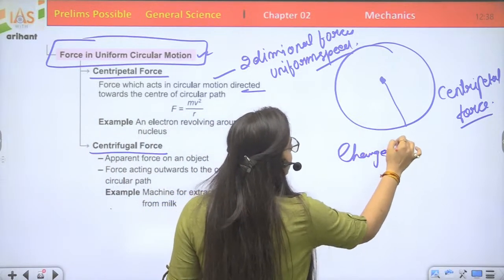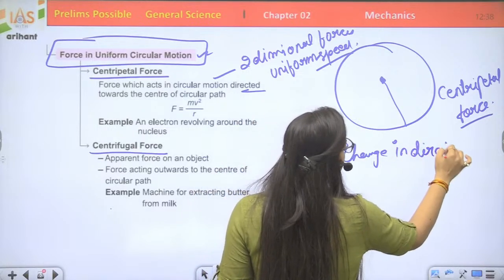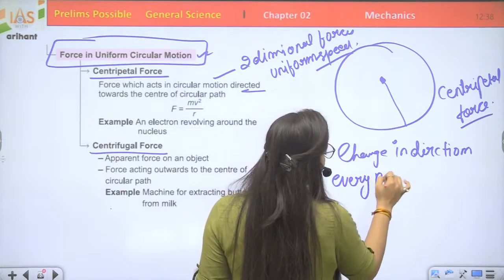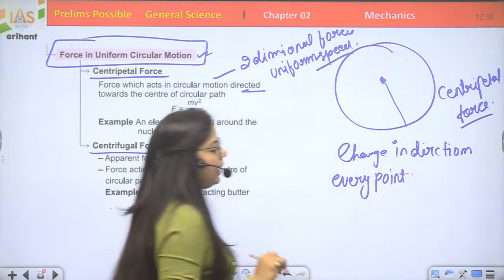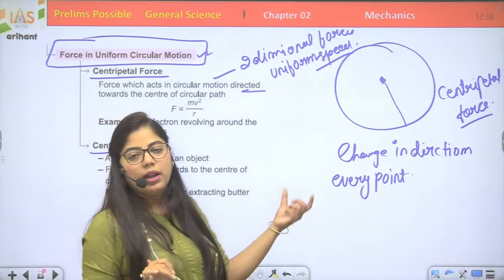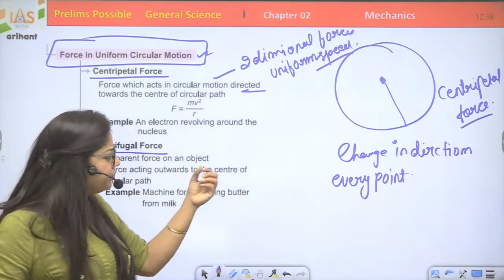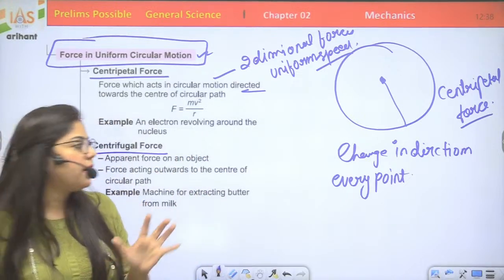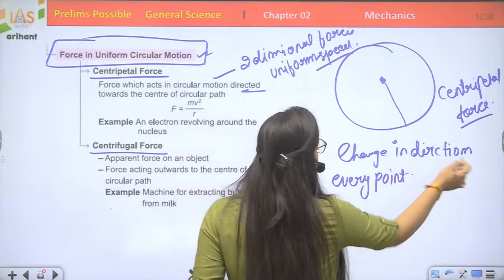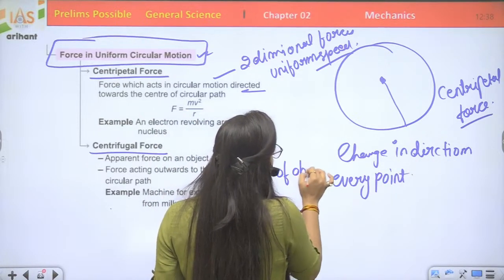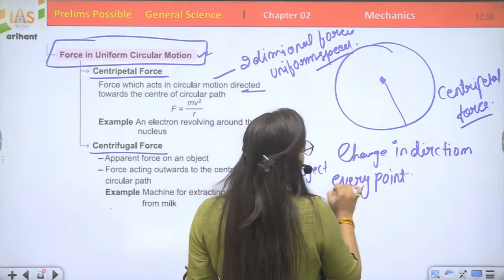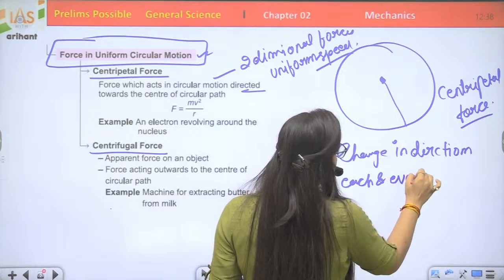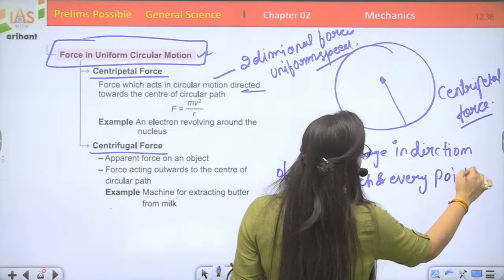You notice or realize a change in direction of the object at each and every point.